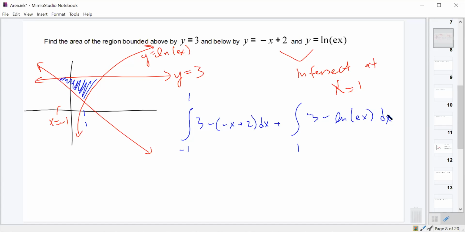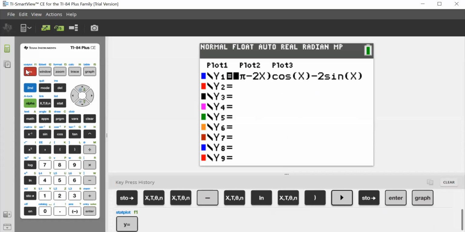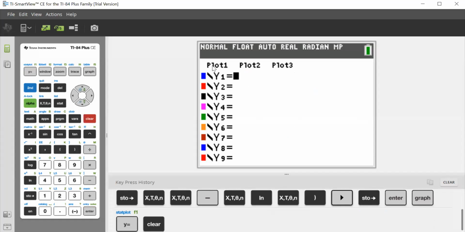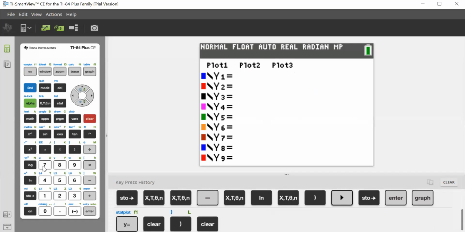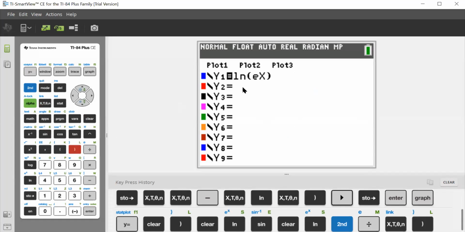And how do we figure out where those two things intersect? Should be able to find that pretty easily just by graphing them both on our graphing calculator. So one of them is natural log of ex, and what was the other one?